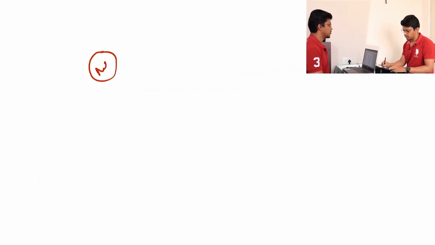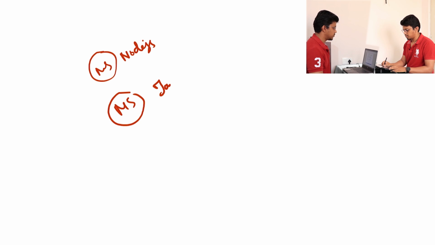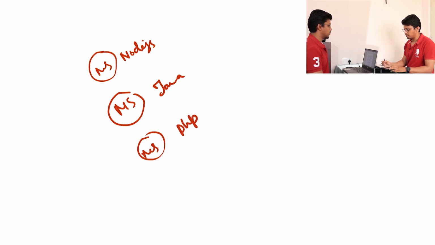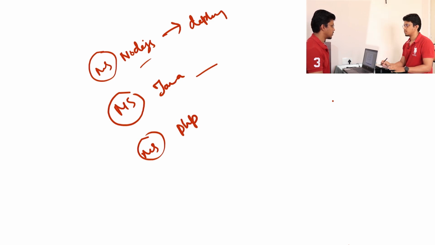One microservice can be on Node.js, one microservice can be on Java, then PHP. But the main overhead is that we need to write the deployment script for each one. If I go with Node.js, then the deployment would be the same, if I am deploying it to Amazon cloud or any other cloud.